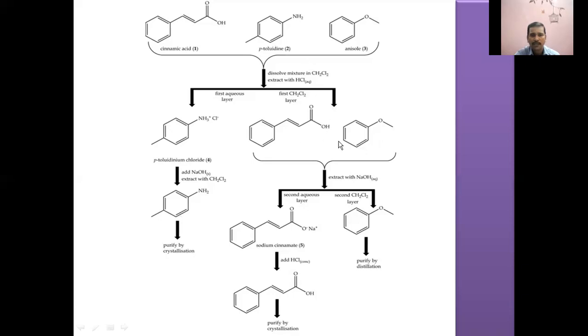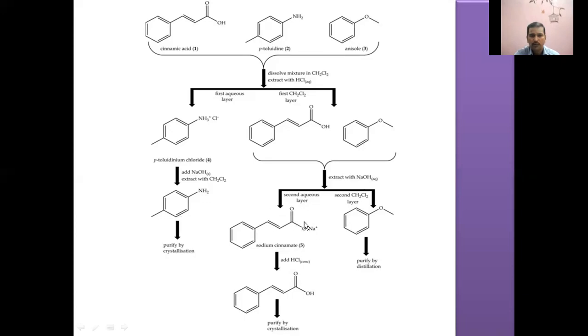Now the organic layer is left with anisole and cinnamic acid. Take the organic layer, the dichloromethane layer, you collect. You add excess NaOH, strong base you add. A simple neutralization reaction, acid-base reaction between cinnamic acid and NaOH takes place to produce sodium cinnamate.